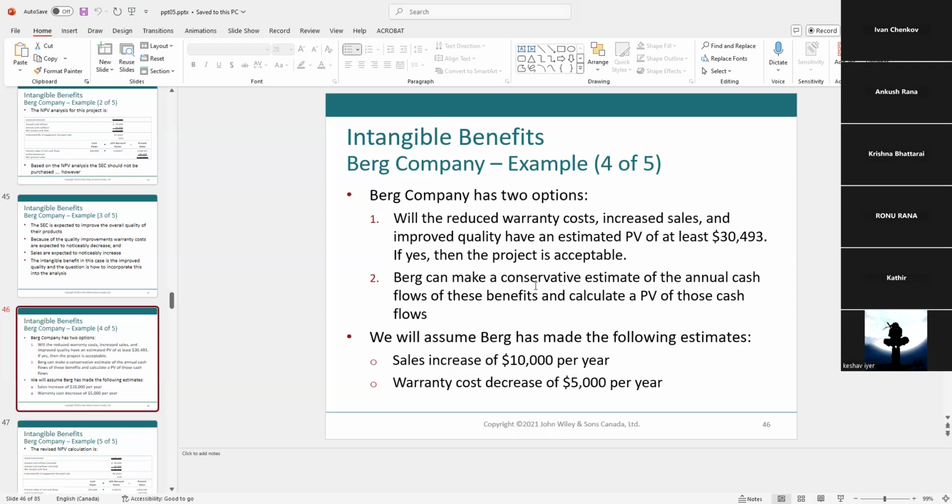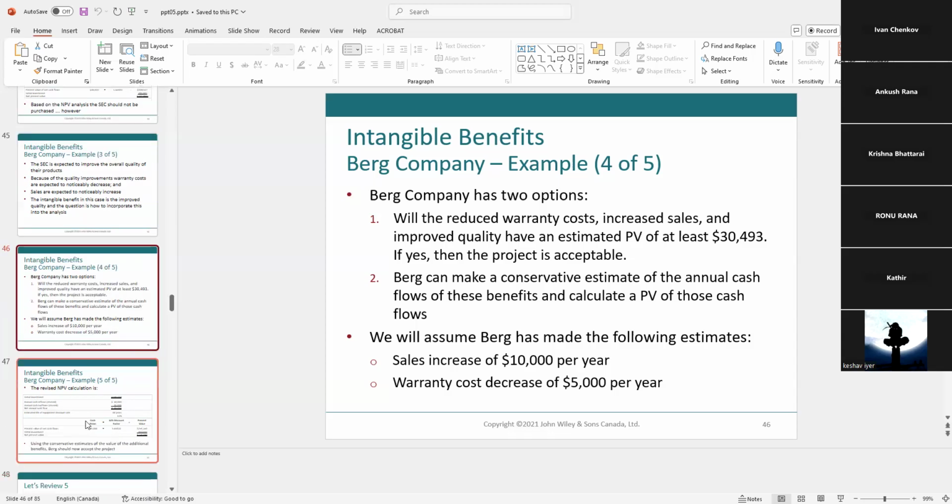Or they can make a conservative estimate for the annual cash, so they're assuming that the sales increase will be 10,000 per year and the warranty cost will decrease 5,000 per year. Make sense? We have an increase of sales of 10,000 and warranty savings of 5,000.